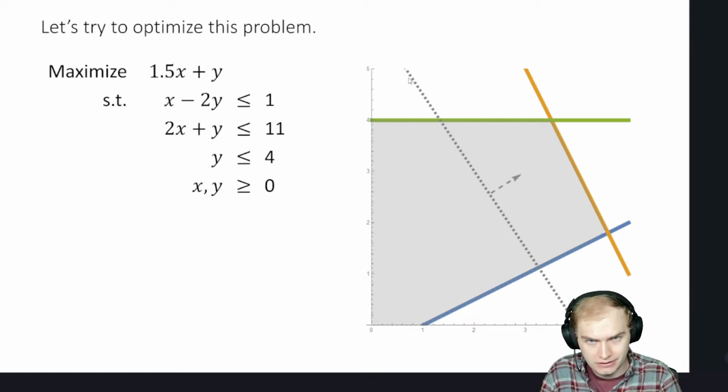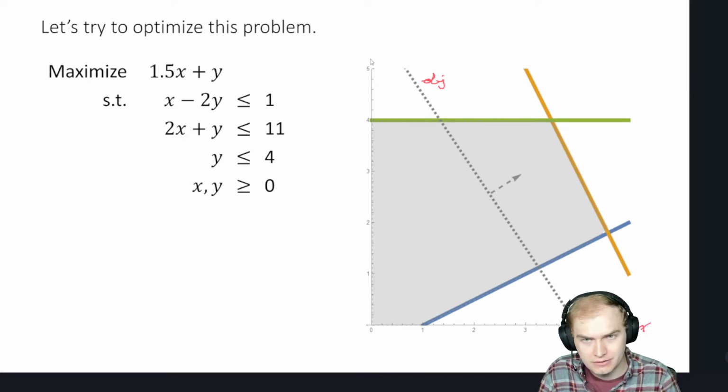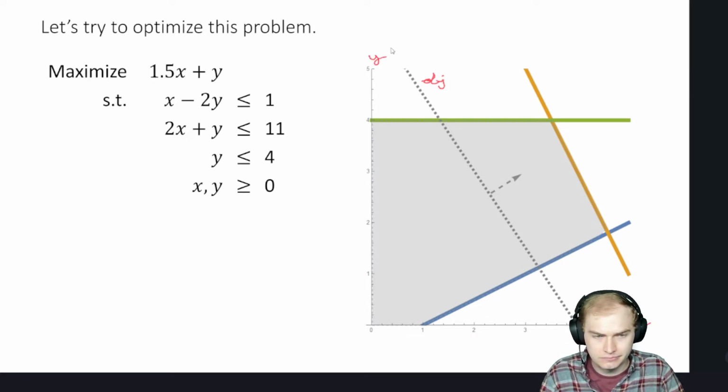This gray line is the objective function and its gradient, so it is increasing in this direction. And this is x and y. You may already see that the optimal solution looks like that extreme point.